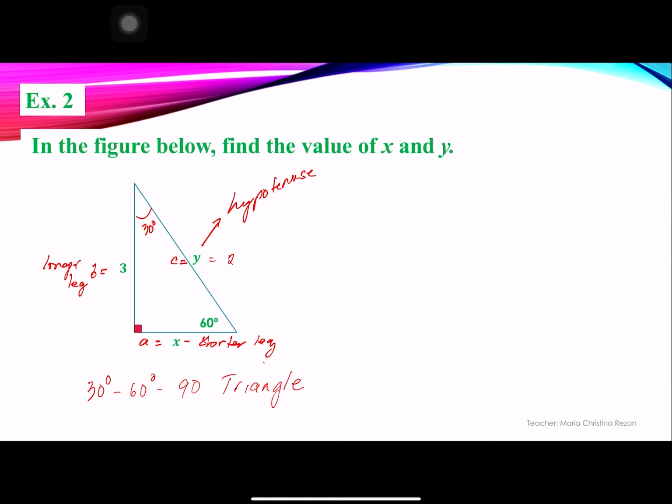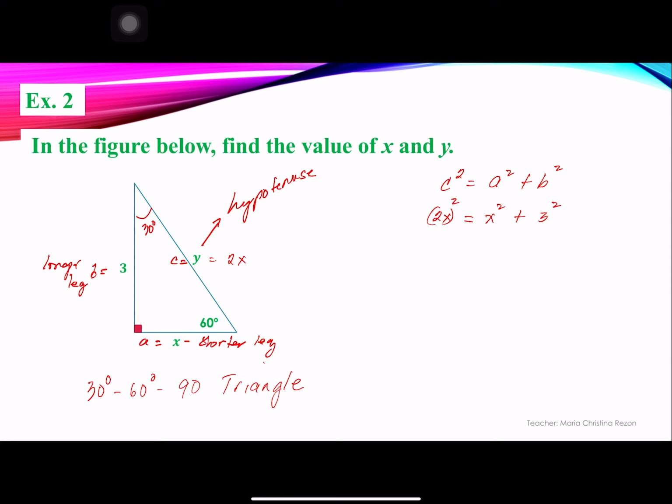So that is 2x. And we have the value of b, so it's not a problem. Then we use the Pythagorean theorem. c squared is equal to a squared plus b squared. Our c is 2x, so you have (2x) squared is equal to x squared plus, what is your b?